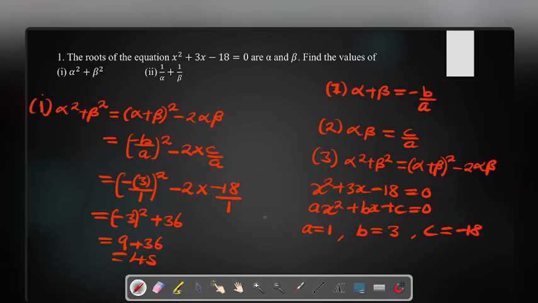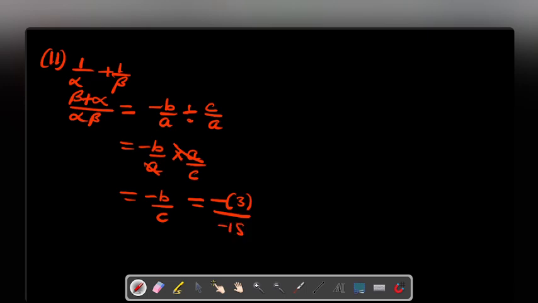Then c, if you can check, c is negative 18. So negative and negative cancel, we have 3 over 18. Then 3 into 3 we have a 1, then 3 into 18 we have a 6 there. So our answer here becomes 1 over 6.